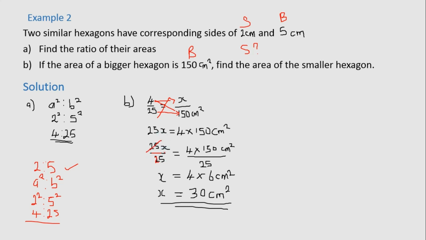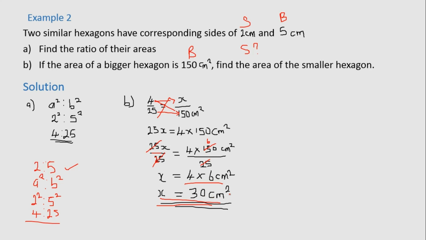So this is going to cancel with that one, then we're going to remain with x. Then 25 can also go into 150 6 times. So we're just going to remain with 4 times 6, which is this one, and we're going to have 24 centimeter squared. So meaning the area of the smaller hexagon is going to be 24 centimeter squared.